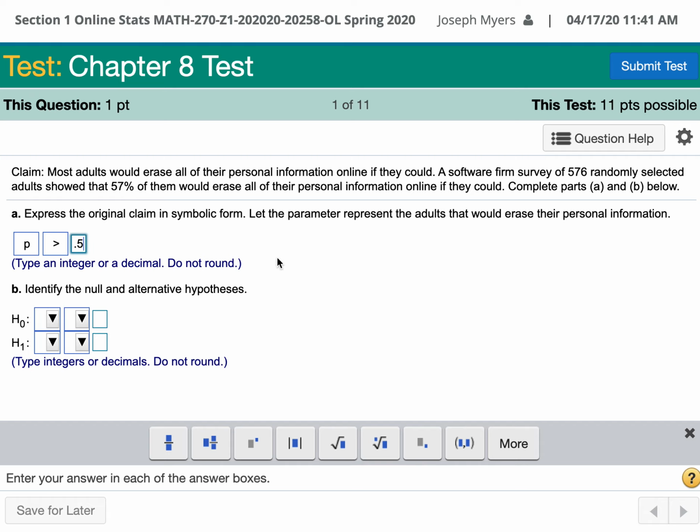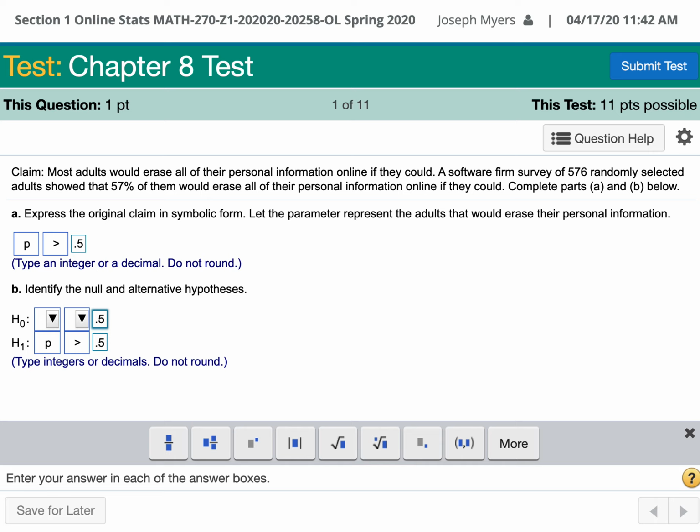Now, any claim that involves an equal sign is called the null hypothesis. That claim does not involve an equal sign, so that claim is the alternative hypothesis. So P is greater than 0.5, that's the alternative hypothesis. The null hypothesis always involves the exact same value.